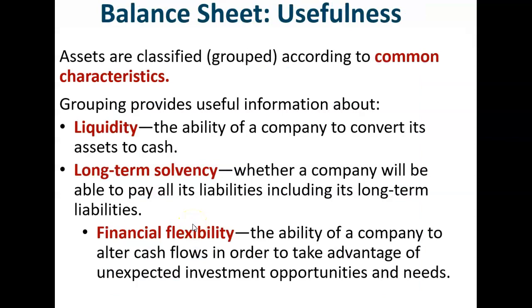The balance sheet provides a list of assets and liabilities that are classified or grouped according to common characteristics. Liquidity often refers to the ability of a company to convert its assets into cash to pay its current liabilities, while long-term solvency refers to an assessment of whether the company will be able to pay all of its liabilities, which include long-term liabilities as well.